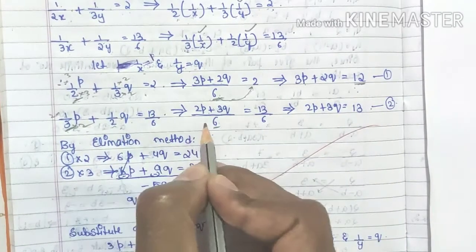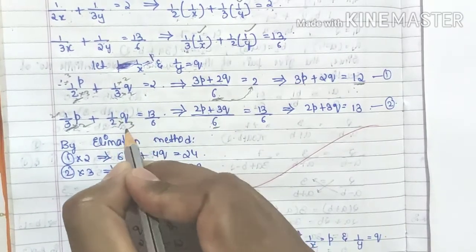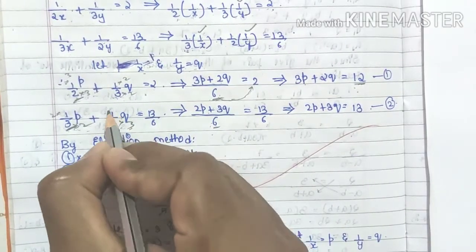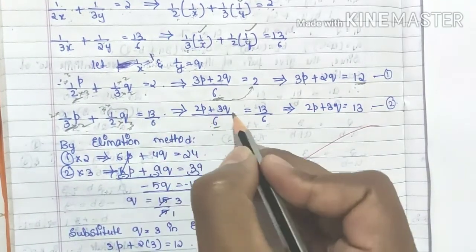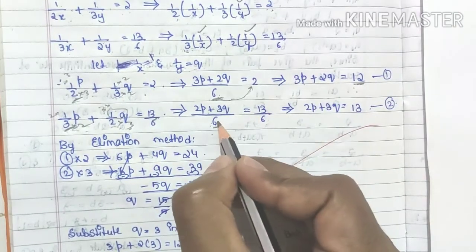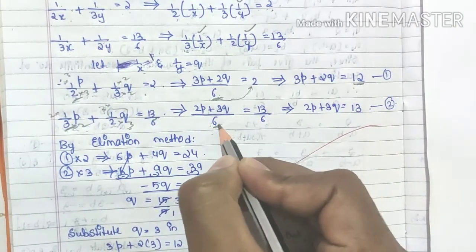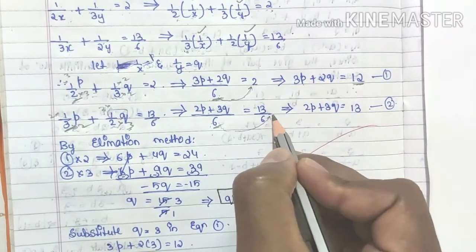This is 2 and this is 6. 2 became 6 by multiplying with 3, so this 1q is also multiplied with 3. So 3 into 1q, that is 3q, is equal to 13 by 6. Same process here also: the denominator is to be transposed to the right hand side, so it will multiply.